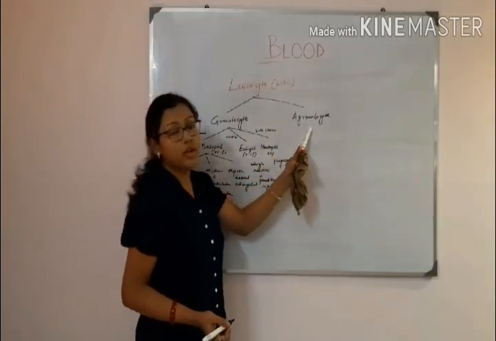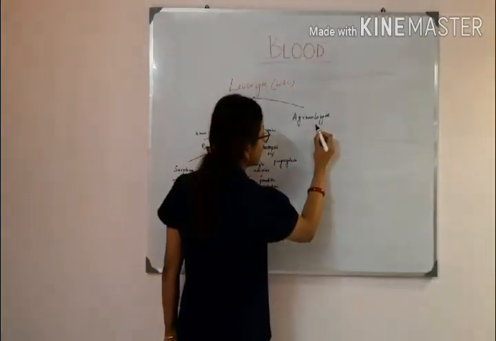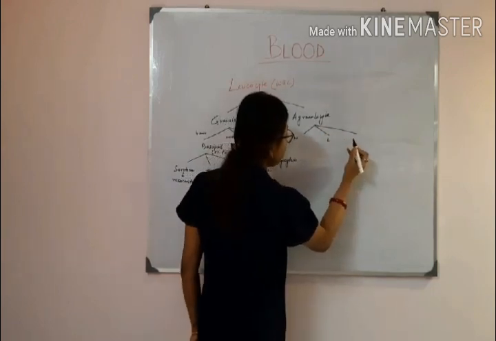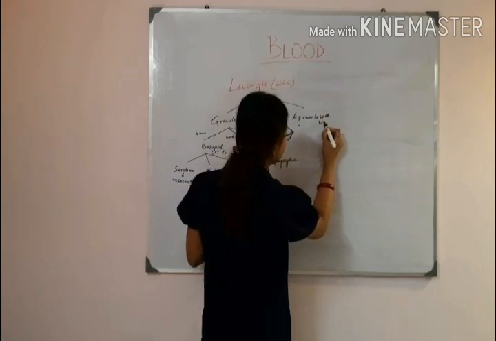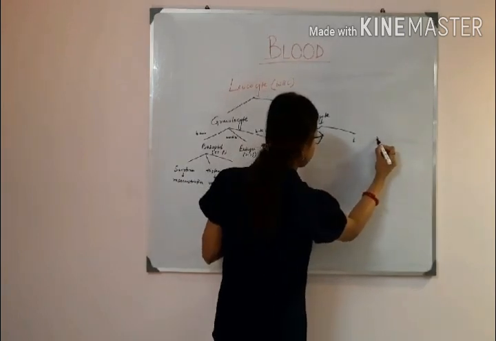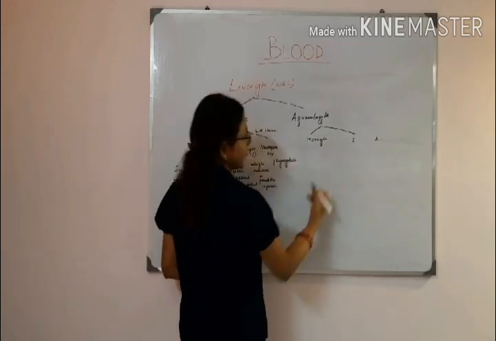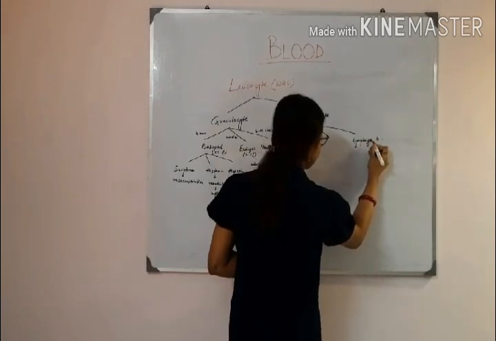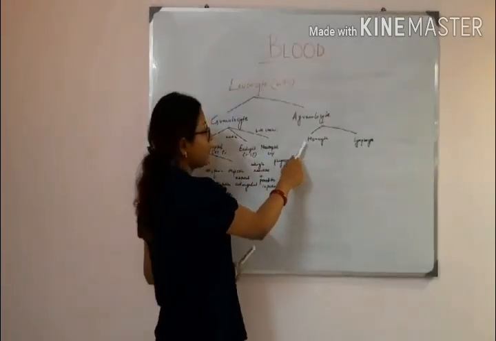Now let us see agranulocyte. Here we will also remember a mnemonic, that is MLA. M stands for monocyte. L stands for lymphocyte.